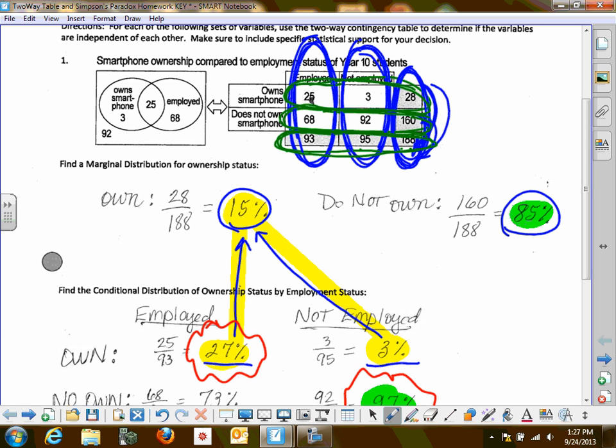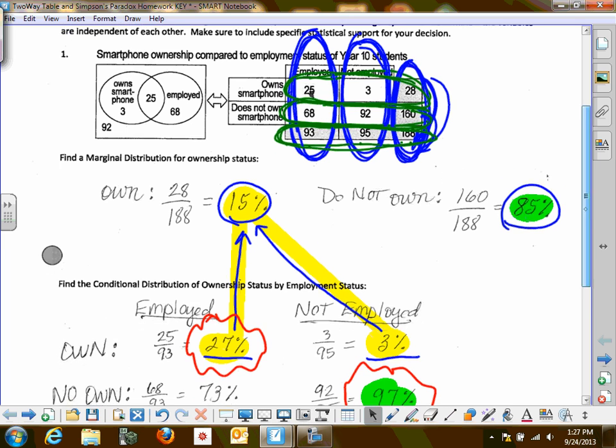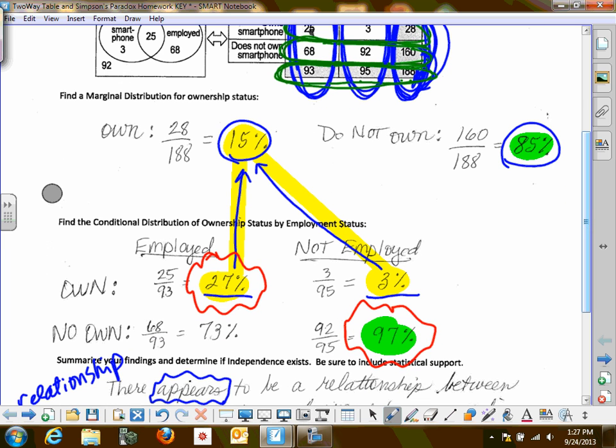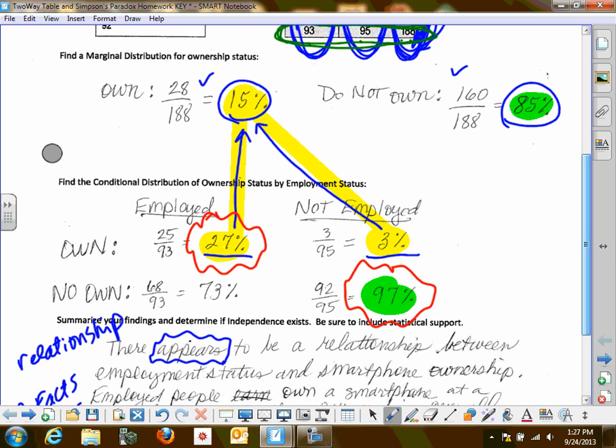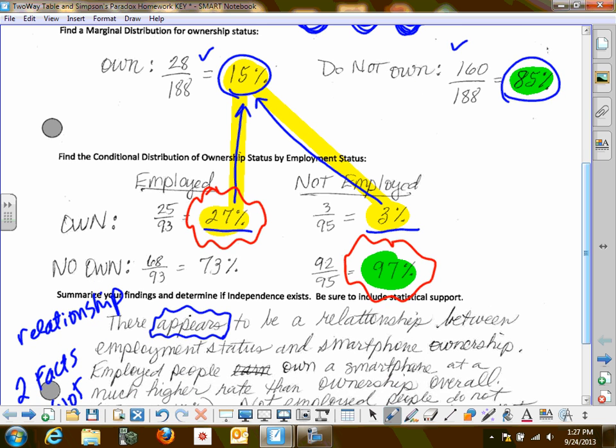Alright. So now, this is saying 15% of all the people own a smartphone, and this says 85% of all the people in the sample do not. Then I'm going to compare the conditional ones to that. So if you are employed, it's this right here, 27%, and you own a smartphone, how does that compare to owning overall?